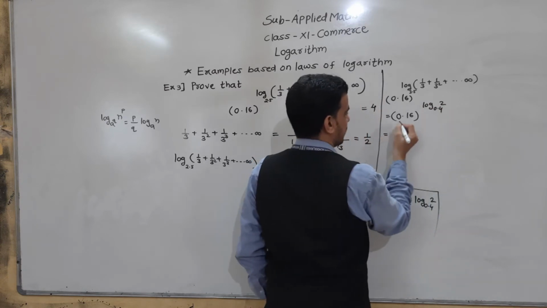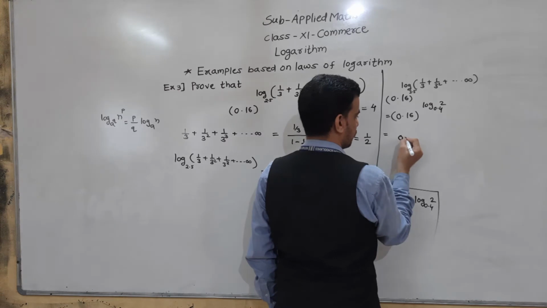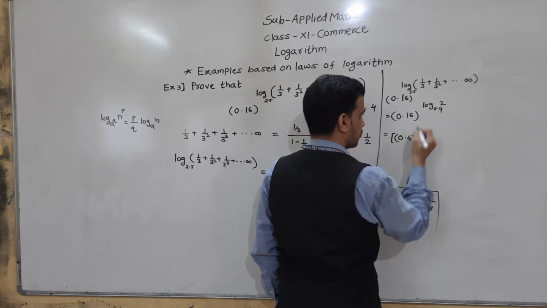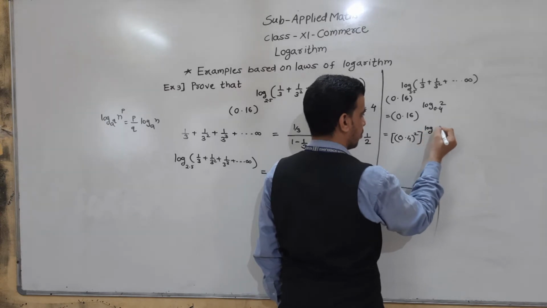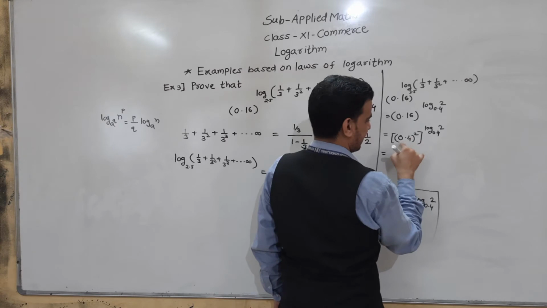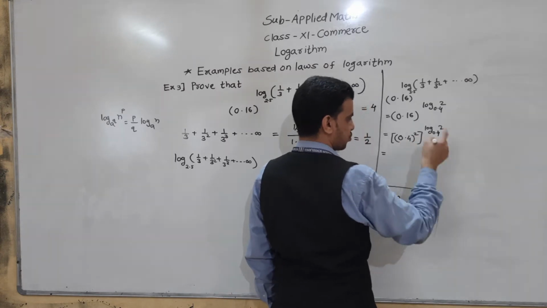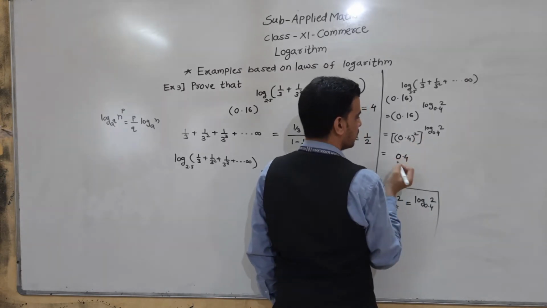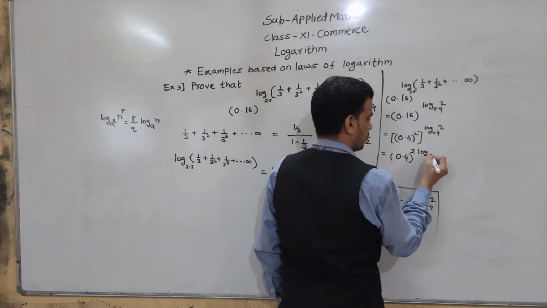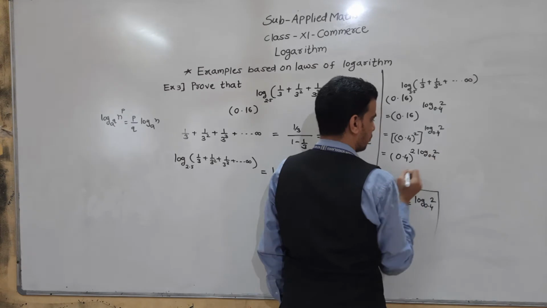Okay, now this 0.16 we can write as 0.4 square, raised to this exponent, that is log 2 to the base 0.4. Now a raised to m raised to n is a raised to mn. So 0.4 raised to 2 into log 2 to the base 0.4.